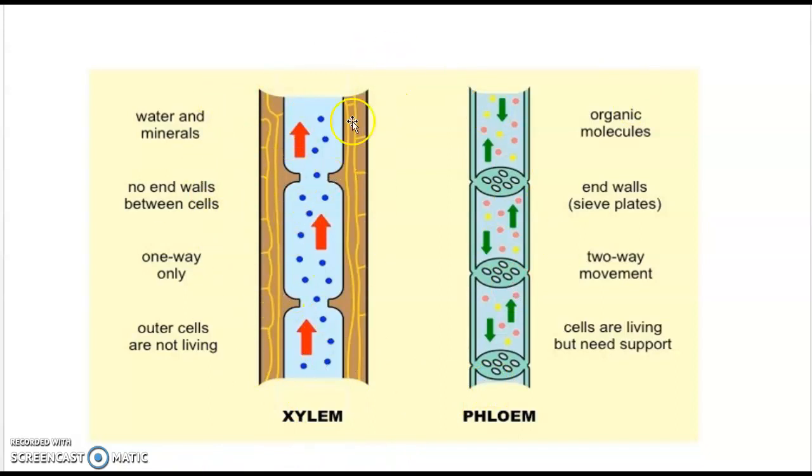Xylem is responsible for the conduction of water and minerals, and phloem is responsible for organic molecules, like sucrose, the food which they synthesize by their photosynthetic activity. And this transport process is called the translocation of minerals, water and food by these complex permanent tissues.